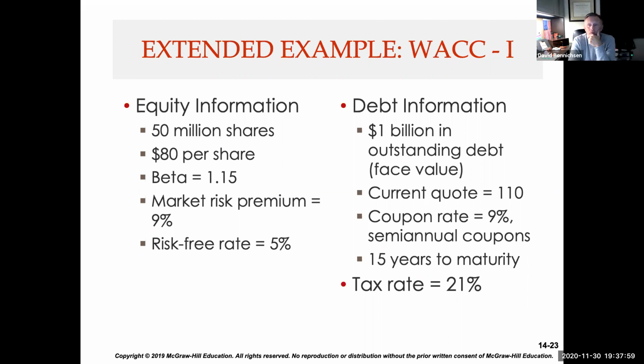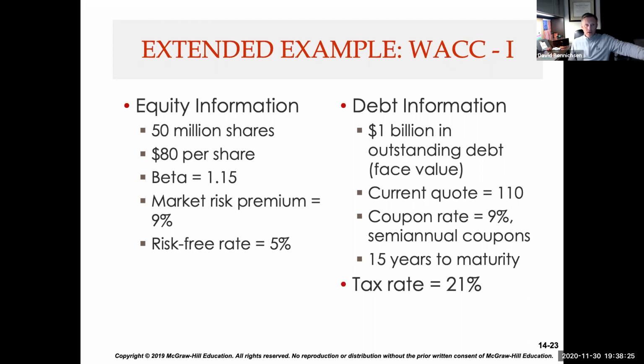So let's go do some math. End goal: calculating weighted average cost of capital. Naturally, on the equity side, since we're given information that uses beta, we go right to CAPM. So we know that the cost of equity is going to be determined based upon the CAPM model.